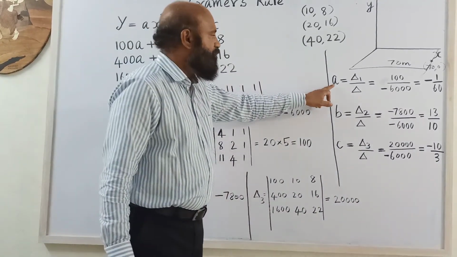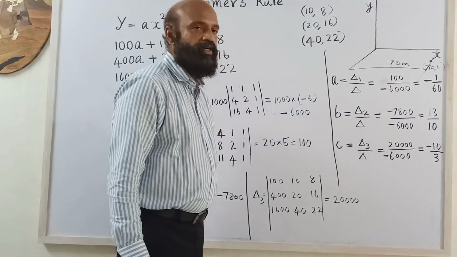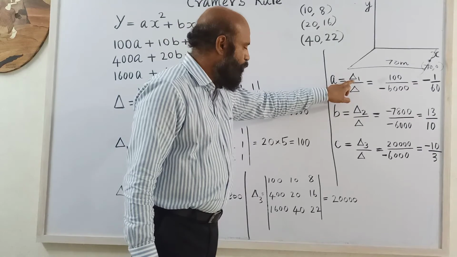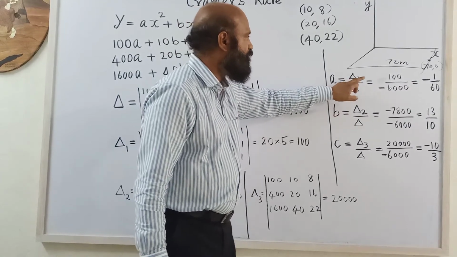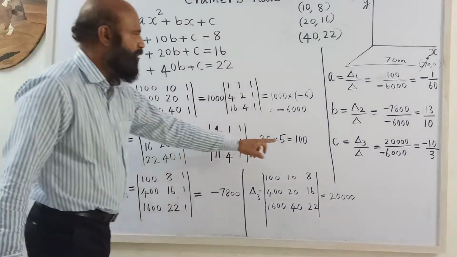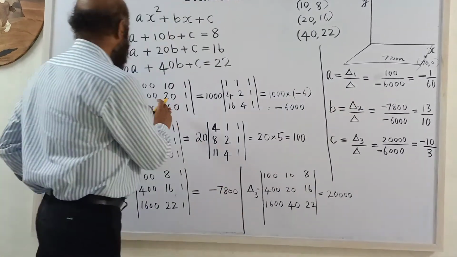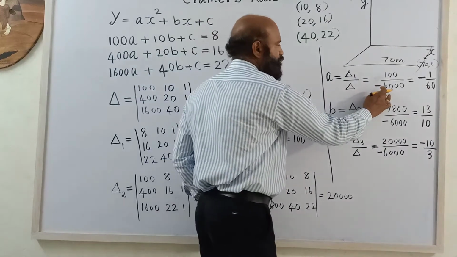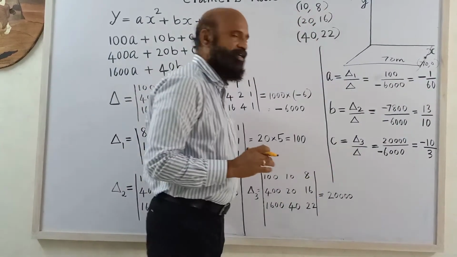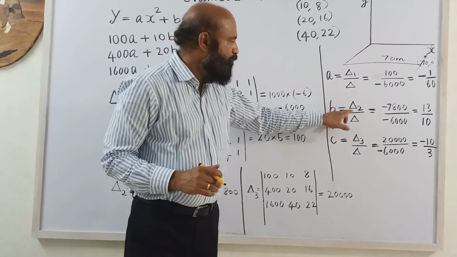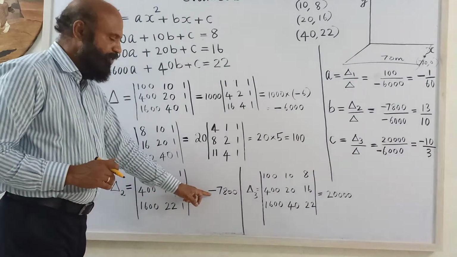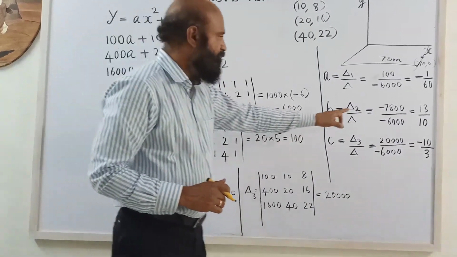Now we can get a, b, c using Cramer's rule. a is delta 1 by delta. Delta 1 is 100. Delta is minus 6000. So after cancellation, you will get minus 1 by 60. b is delta 2 by delta. Delta 2 is minus 7800.